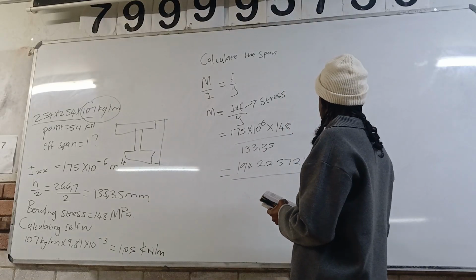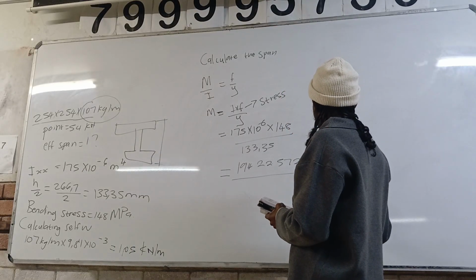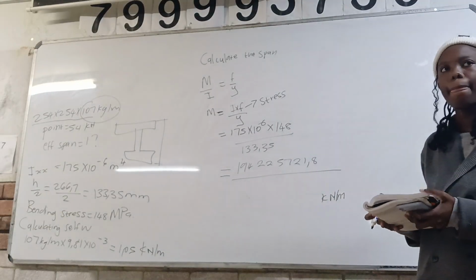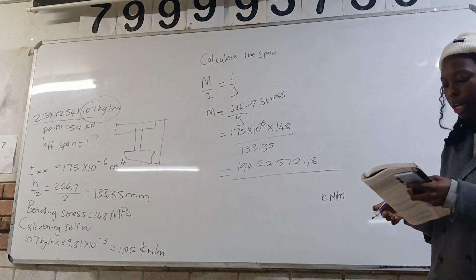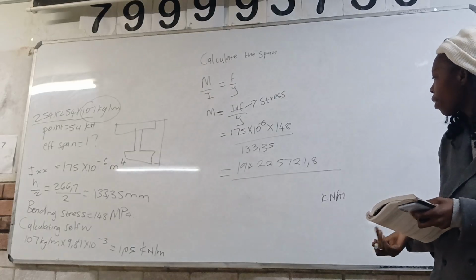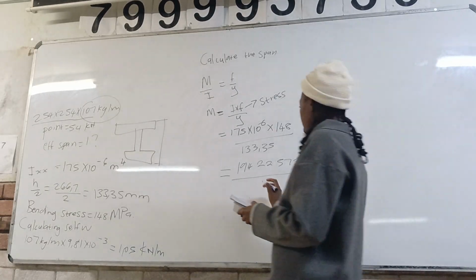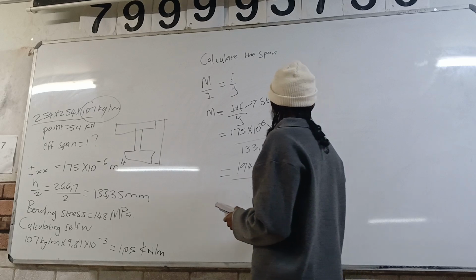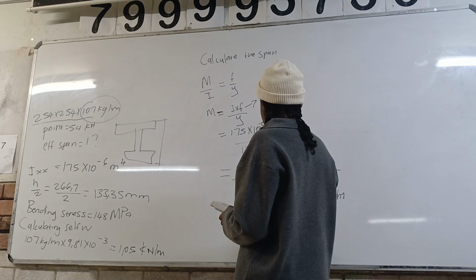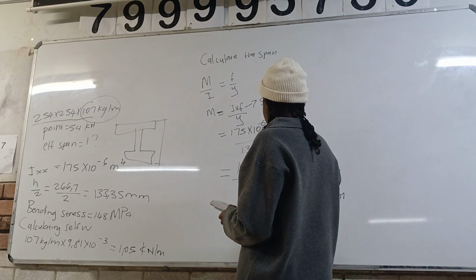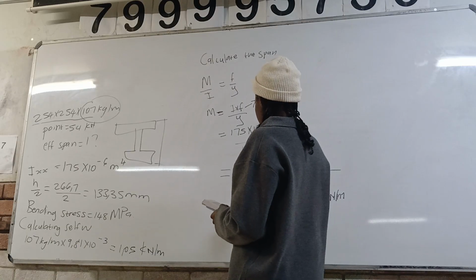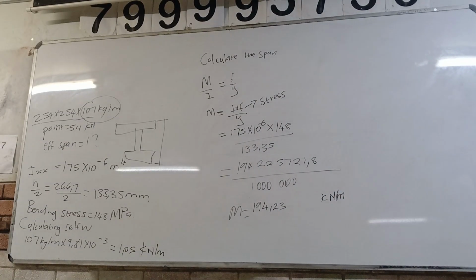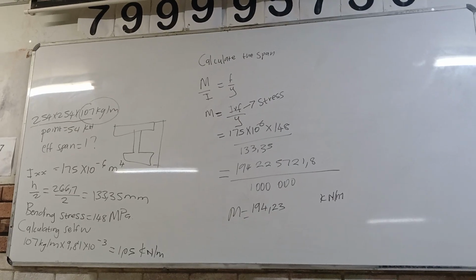Our final answer needs to be in kilonewton per meter, and this is not, so let us divide by a million. 194,23. So this is our M: 194,23 in kilonewton per meter.